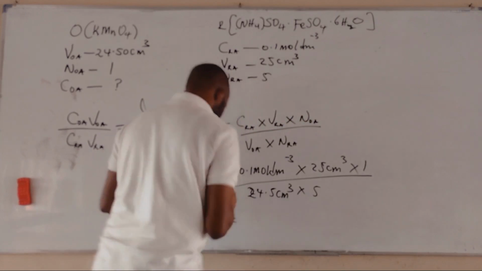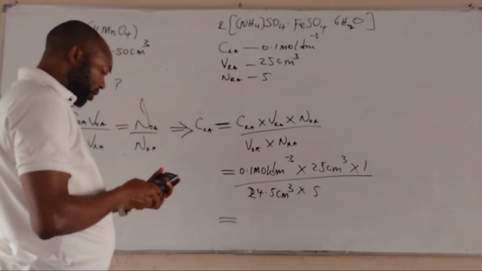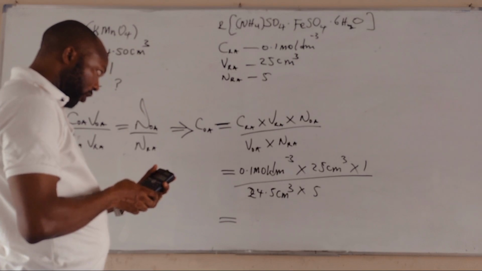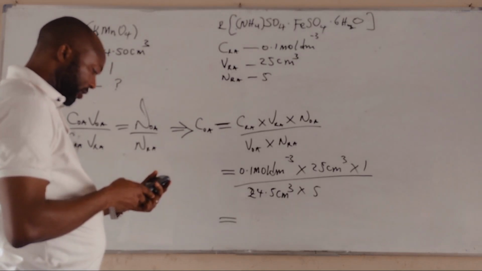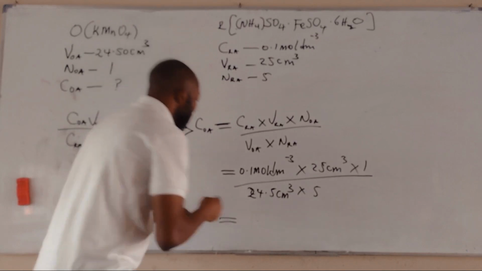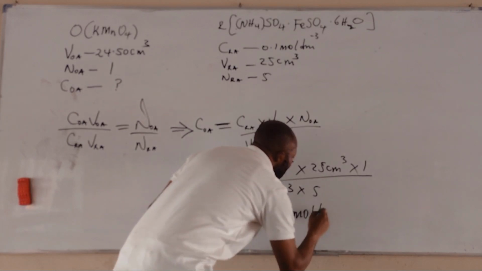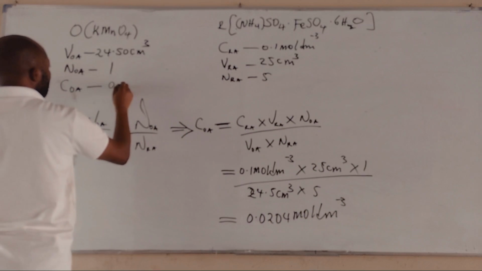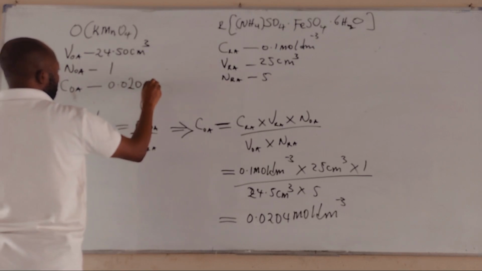This is equal to, so let's begin: 0.1 times 25 divided by 24.5 divided by 5, which is 0.0204 mole per dm cubed.